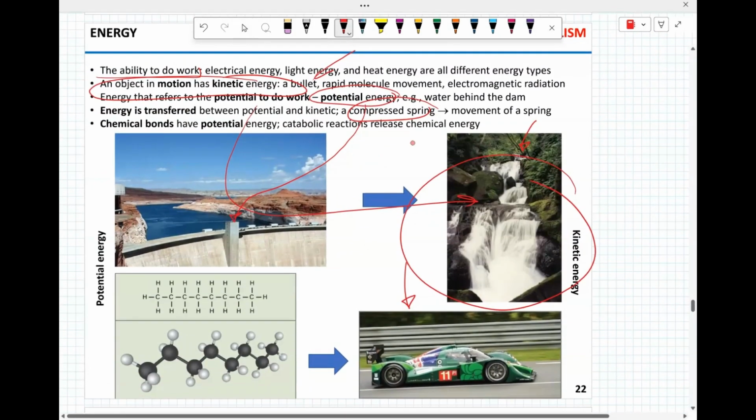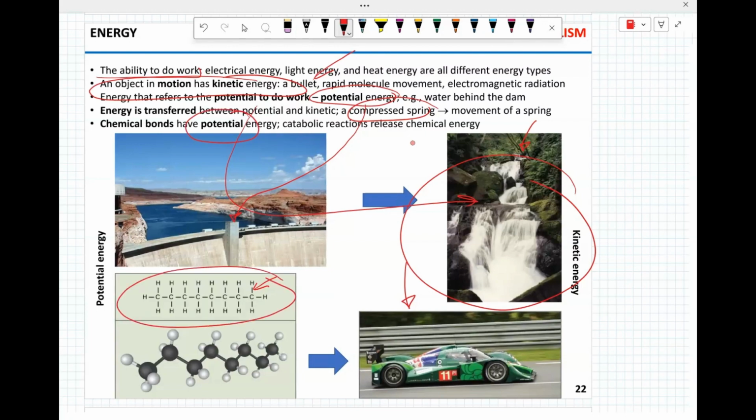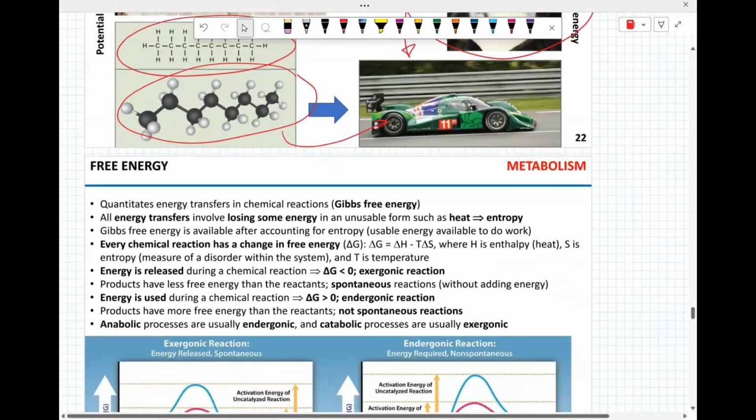For example, chemical energy of chemical bonds is considered to have a potential to do work. Therefore, by and large, molecules contain an enormous amount of potential energy. And in this example, molecules of hydrocarbons contain potential energy that can be converted by the engine into the kinetic energy of a moving car.